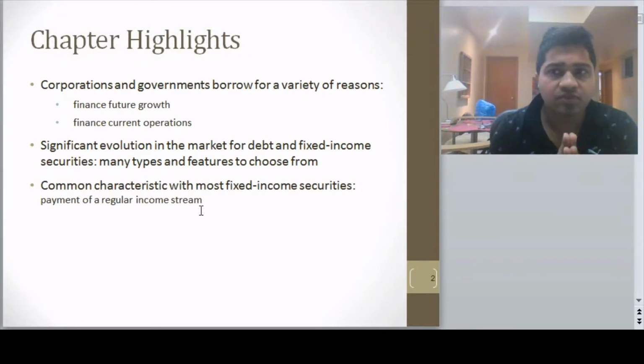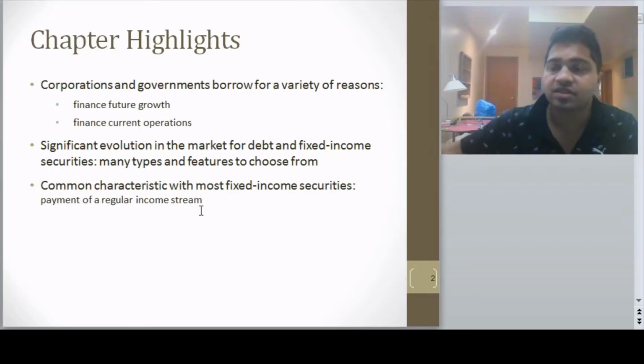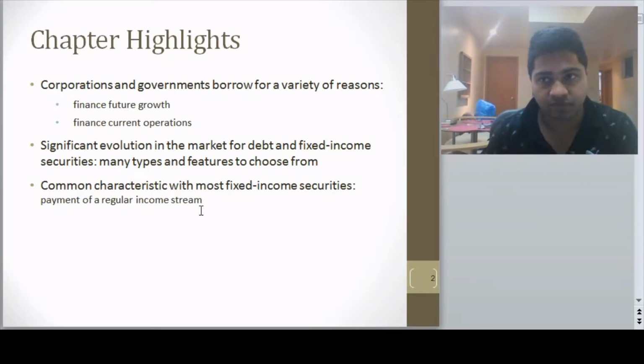So how does a typical vanilla fixed income security work? You purchase the security by paying the price. The security at regular intervals pays you interest in the form of coupons, and when it matures it pays you par value or face value.